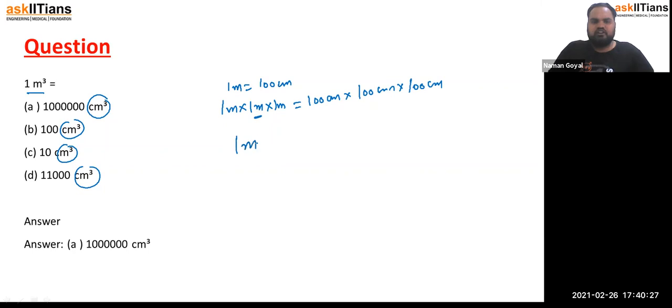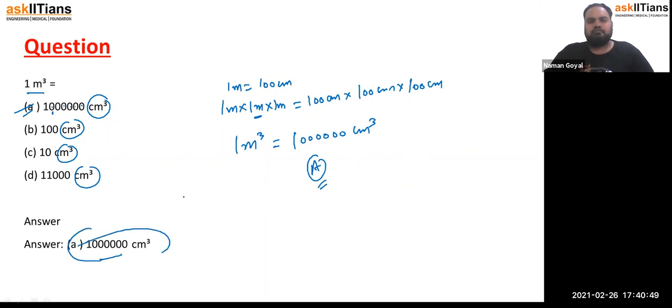So this quantity becomes 1,000,000 centimeter cube. So how many zeros are there? 6. If you see option A, 1, 2, 3, 4, 5, 6. So option A is correct. Option A is given in this answer.